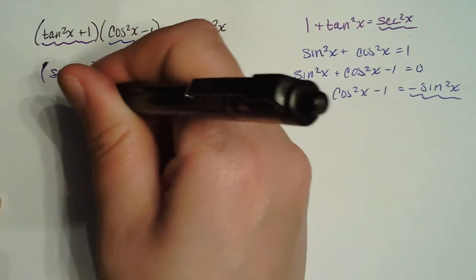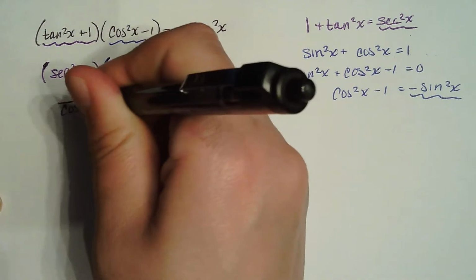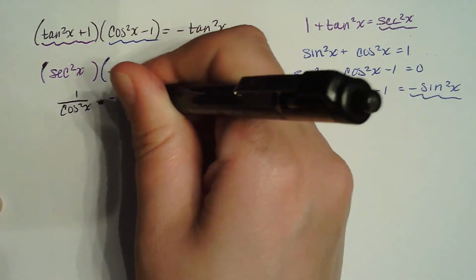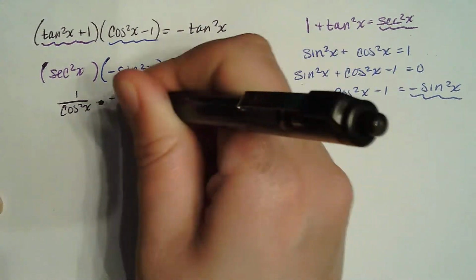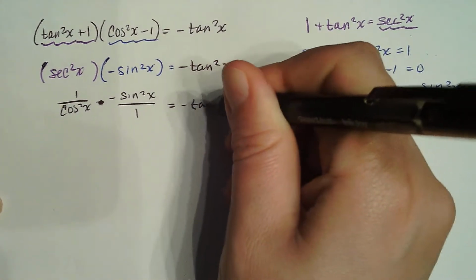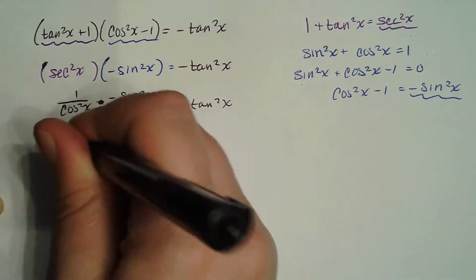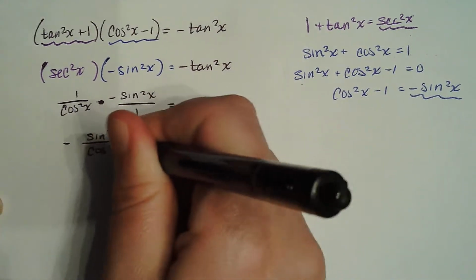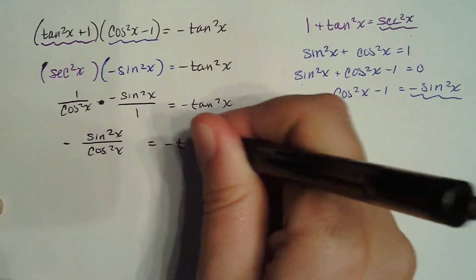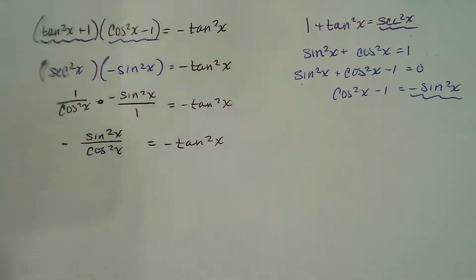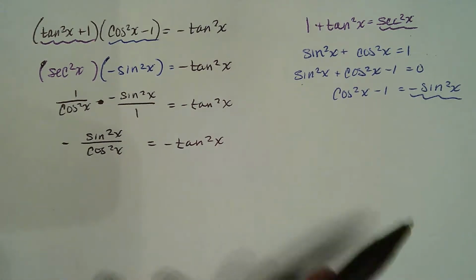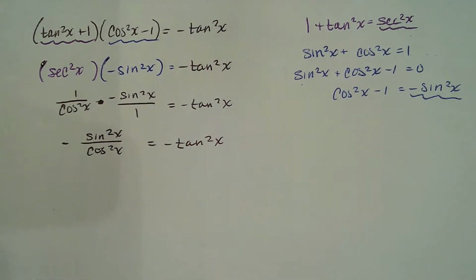So 1 over cosine squared x, times negative sine squared x, equals negative tangent squared x. I can put these together, so negative sine squared x over cosine squared x equals negative tangent squared x, and there you have it. Because sine over cosine is tangent, the negative sign came from there. And that's about it.